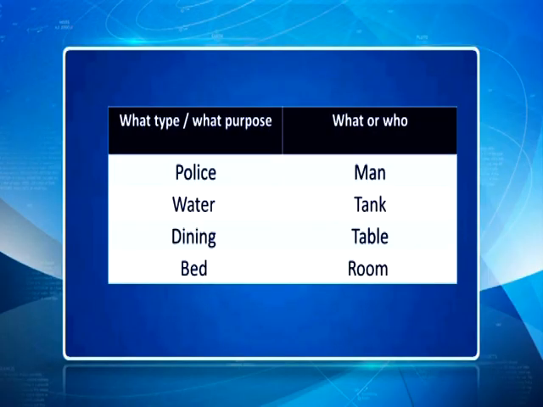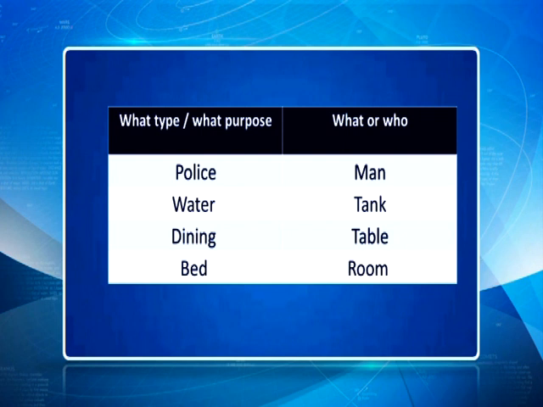To illustrate things, let's have a look at this table which shows the compound nouns as separated nouns. We have police and man. So the first type, police, shows what type of person the man is, or the purpose. We talk about policeman, water tank, dining table, and bedroom.